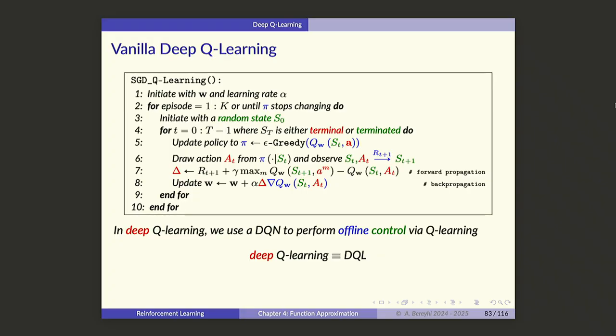We start with maybe a random policy. Anytime we get into a state, we draw one action based on that policy. We see what the next state is, but when we want to update, in line 7, we don't care about the policy. We just play with the greedy policy, or think we are playing with it, and then we get the sample for the greedy policy and update our Q network, right?